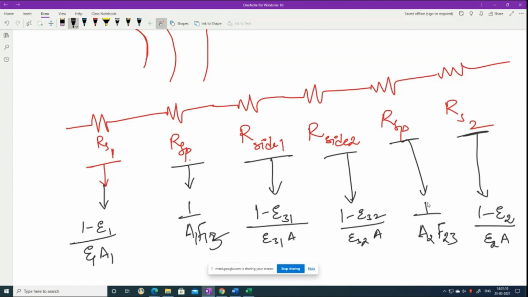We are using it again. That's the only difference. So what you will do? You will take sum of all these things. These are the series. You will take the sum of all these things and then substitute it in the denominator.